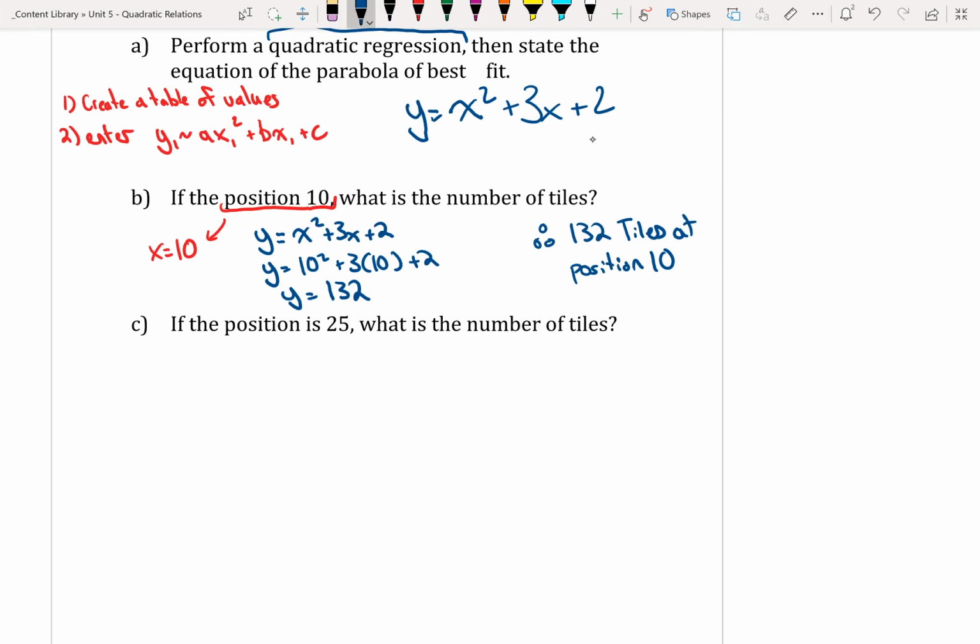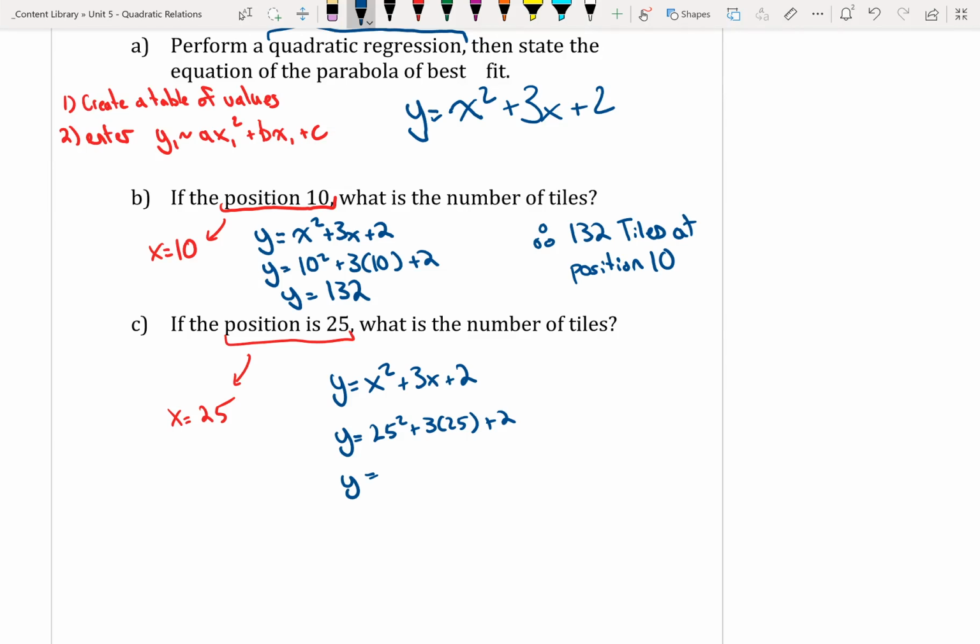For C, it's the exact same thing. If the position is 25, what is the number of tiles? Again, this is telling us that x is equal to 25, and I have my equation. So I'm going to replace x with 25. So 25 squared plus 3 times 25 plus 2.